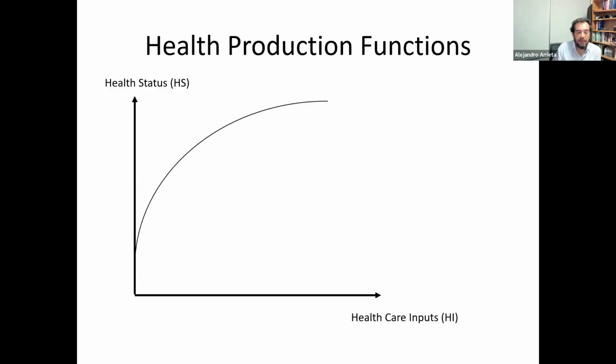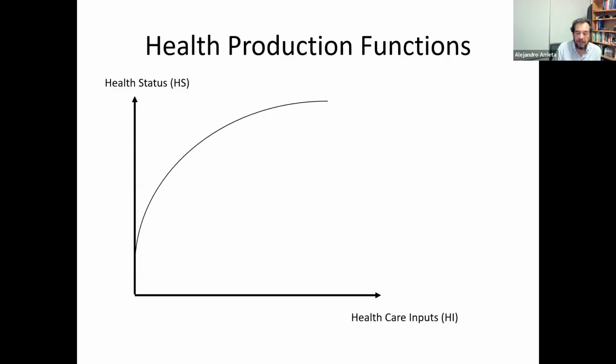And if you start providing more inputs, meaning, for example, more healthcare to a person or a population with some diseases, then you definitely will improve the health status of that population. That way you are able to produce health by using more healthcare inputs.